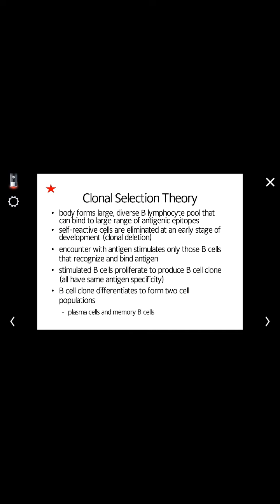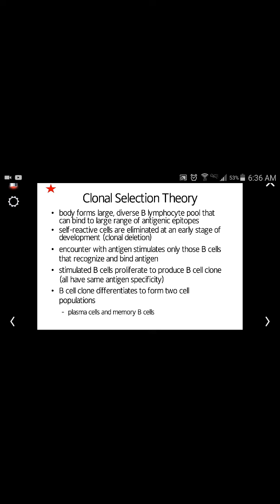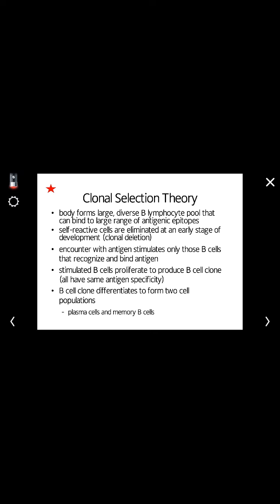Anyway, clonal selection theory. The body forms a large, diverse B lymphocyte pool that can bind to a large range of antigenic epitopes.